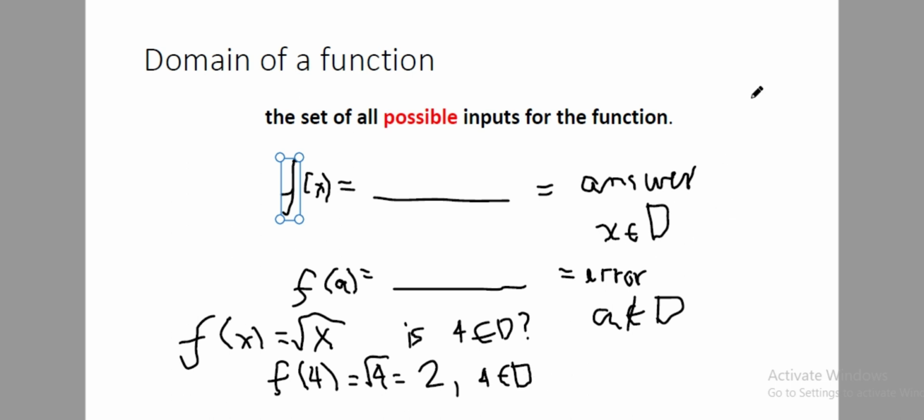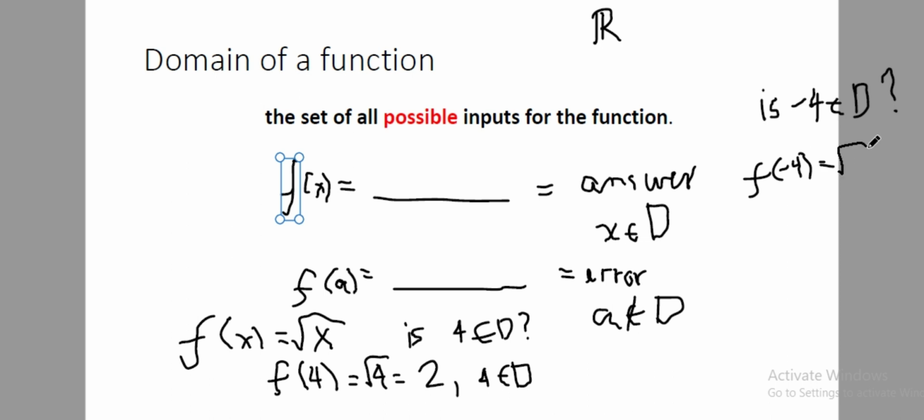Now question, is negative 4 part of the domain? Take note that in our case, we only consider the set of real numbers as the biggest set. If x is equal to negative 4, is it part of the domain?